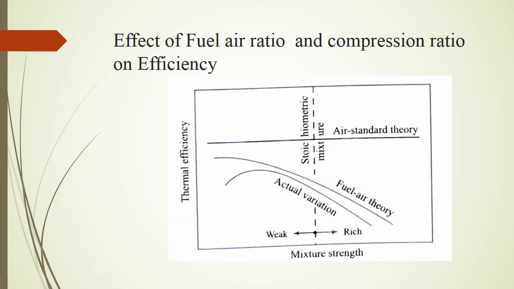As the mixture is made lean, the temperature rise due to combustion will be lowered as a result of reduced energy input per unit mass of mixture, and this will result in lower specific heat. Further, it will also decrease the losses due to dissociation and variation in specific heat. The efficiency is therefore higher and in fact approaches the air cycle efficiency as the fuel-air ratio is reduced, as shown in this figure.